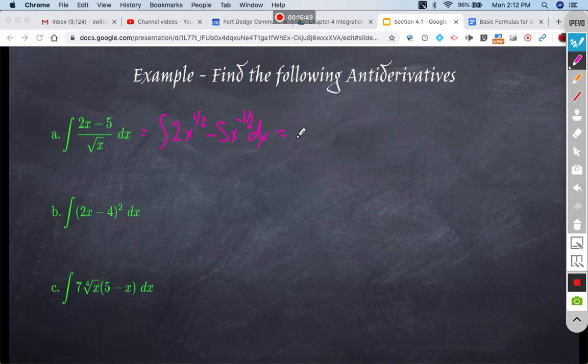And so I'm going to rewrite this. This is 2 times the integral of x to the 1/2 minus 5 times the integral of x to the negative 1/2. I told you it's easy to drop those dx's. So the integral of x to the 1/2 is going to be x to the, we add 1 to the power, and we divide it by our new power.